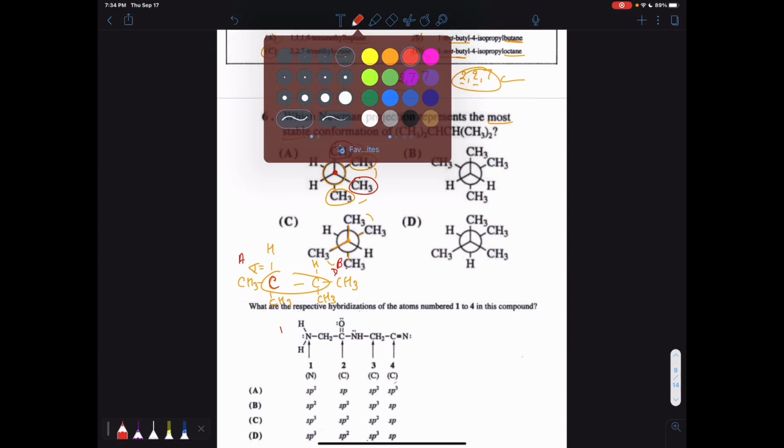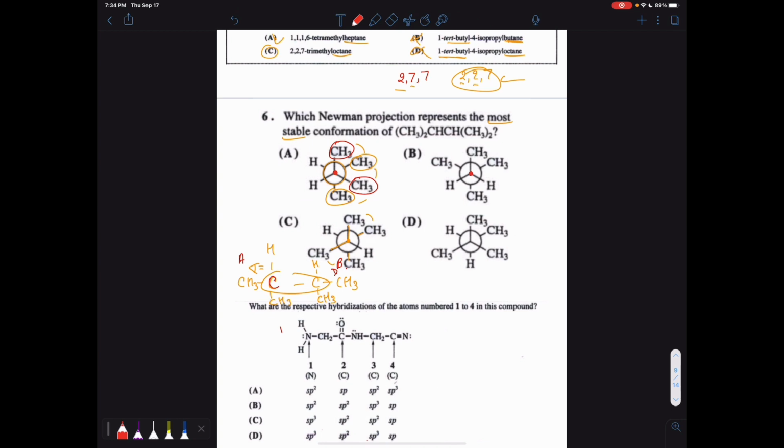So looking at this one, this is the front carbon. It's connected to a CH3, H, and H. Well, this is not the same molecule, right? Because if you look at this one here, it has a CH3 and a CH3, right? But this one here is saying that it only has one CH3, so that's automatically wrong. This is a different structural isomer, right?